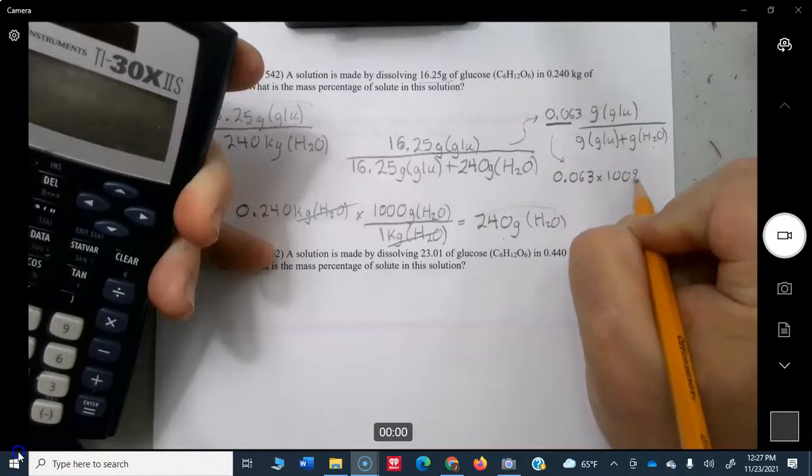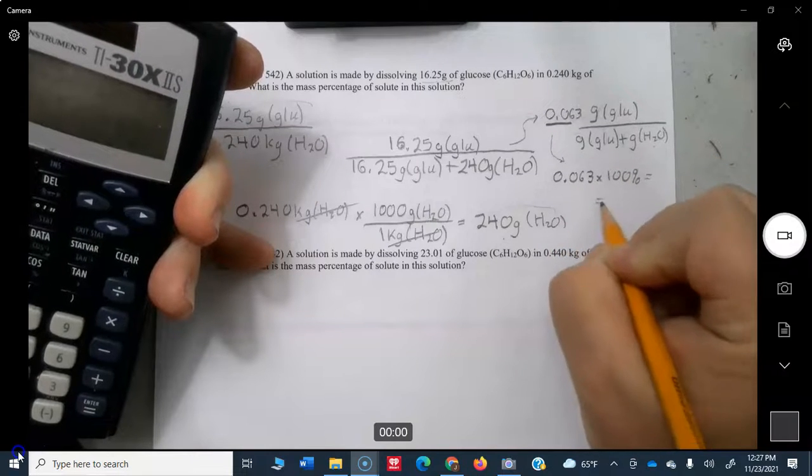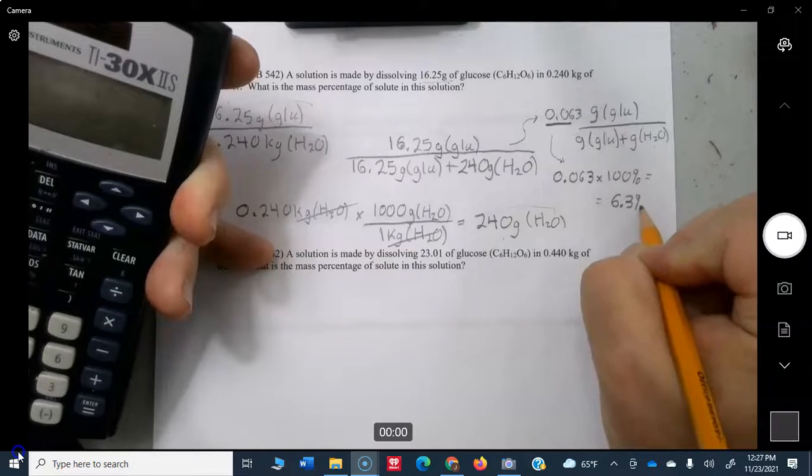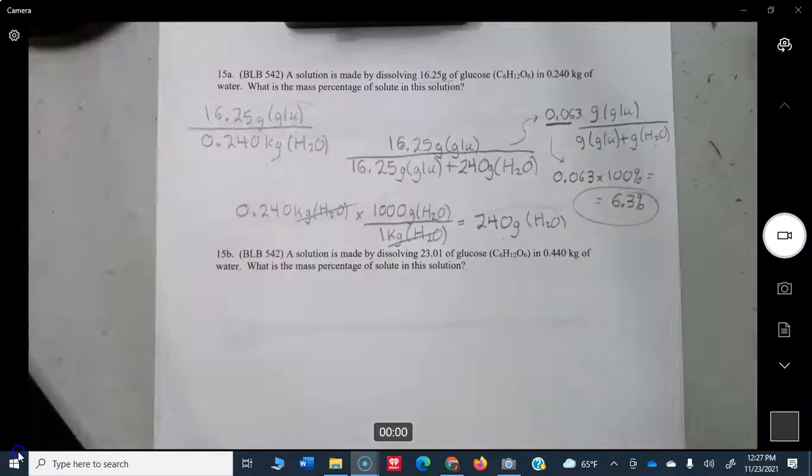Times 100%, and that's going to equal 6.3%. Okay, and that's your final answer. So it's 6.3. The mass percent is 6.3%. Okay. All right. You can go ahead and do 15.